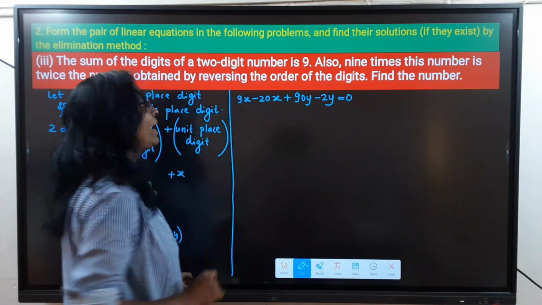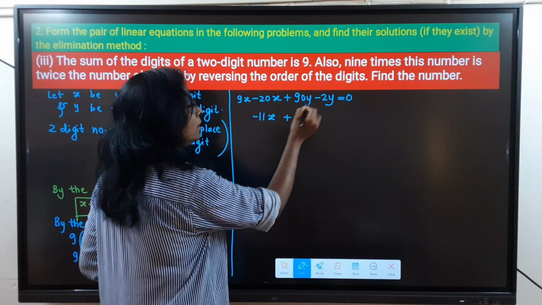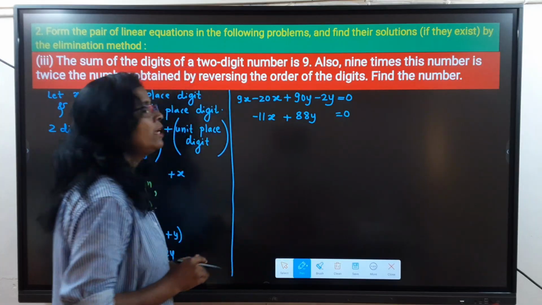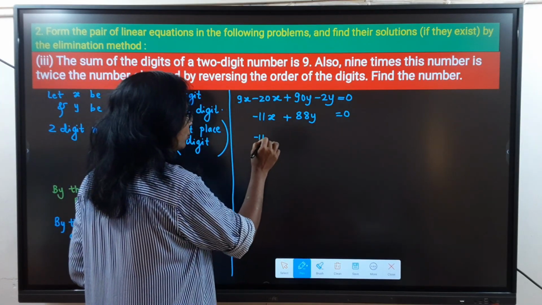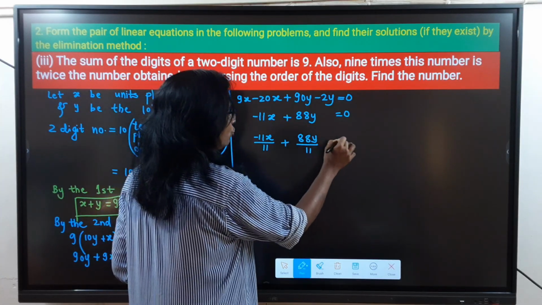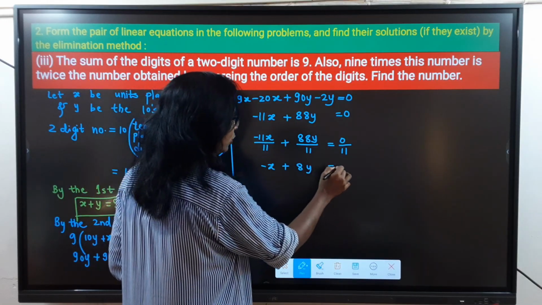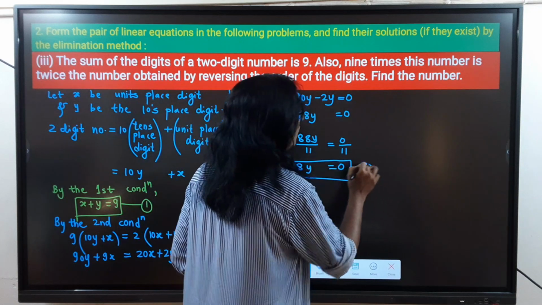So 9 minus 20 is minus 11x, and 90 minus 2 is 88y, equal to 0. Now we simplify this equation by dividing both sides by 11. So minus 11x by 11 plus 88y by 11 is equal to 0 by 11, and that means minus x plus 8y is equal to 0. Now finally you can call this the second equation.